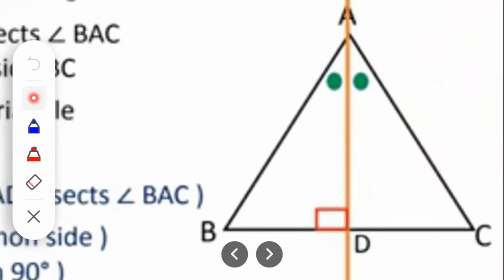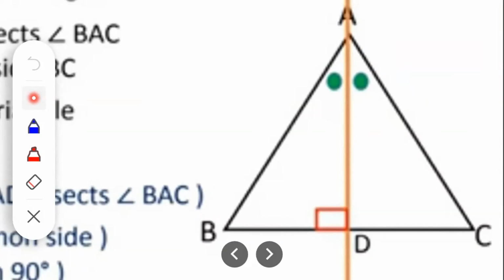Now see here in triangle ABC, if it will be possible to show any two sides of this triangle congruent to each other, the triangle will be automatically isosceles type. So we have to think how to show these two sides congruent.